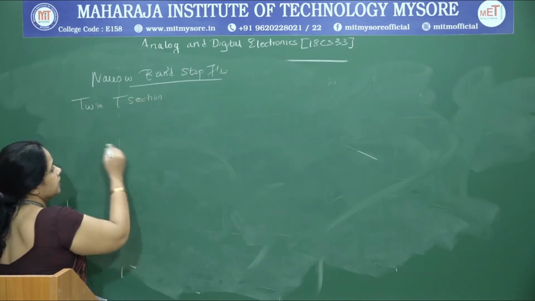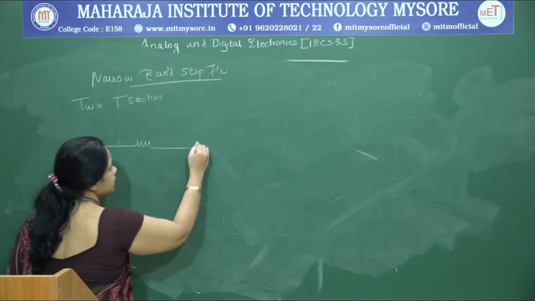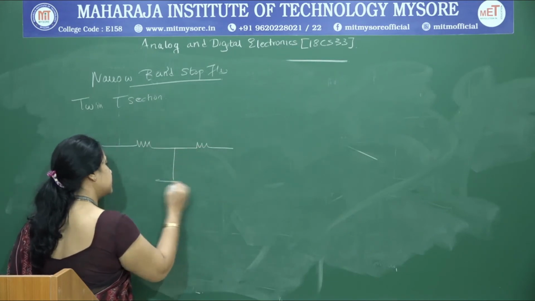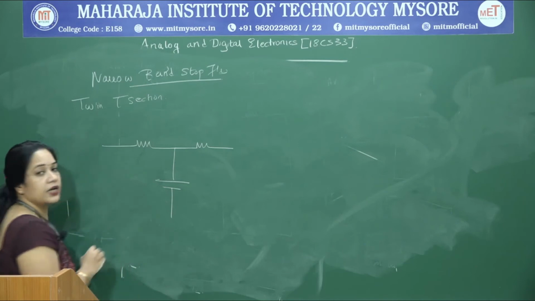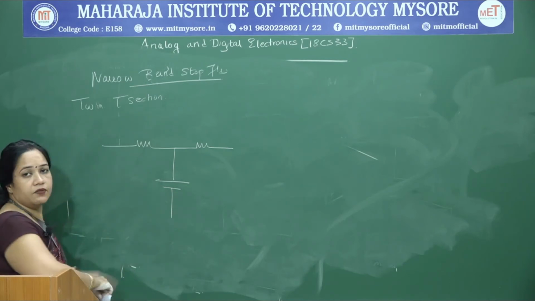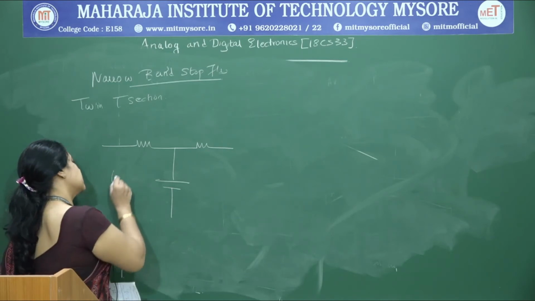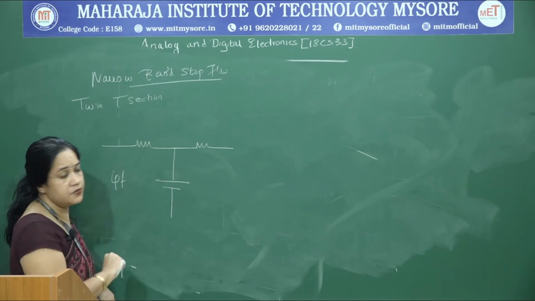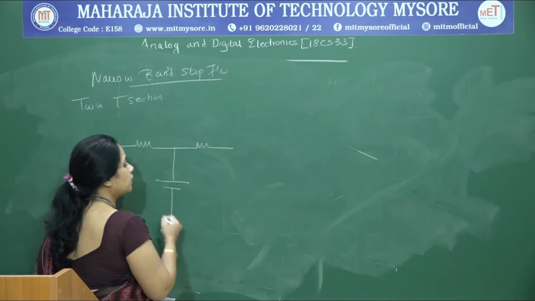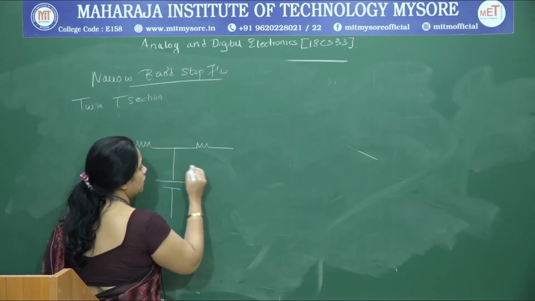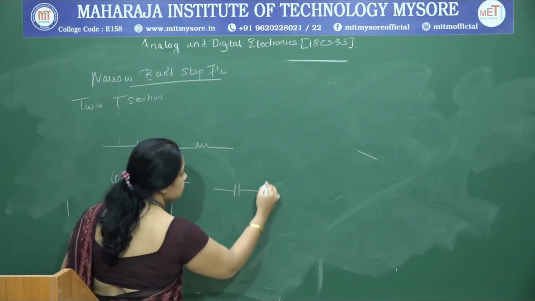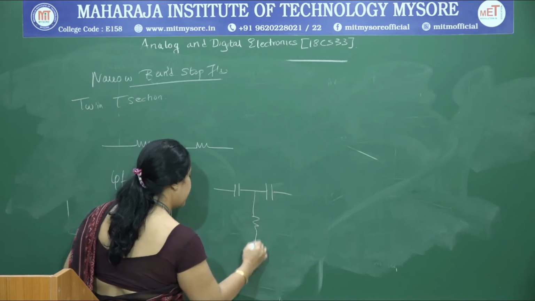So, the first T section is a low pass section comprising two resistances in parallel and a capacitance in series. You are aware that when you have resistance in parallel and capacitance in series, this is your low pass filter section. And we use one more T section wherein we use capacitance in series and resistance in parallel.